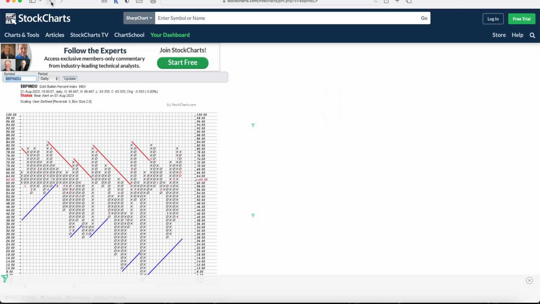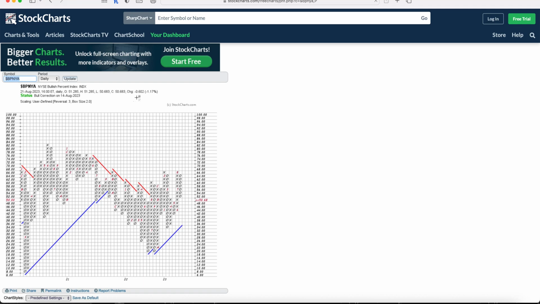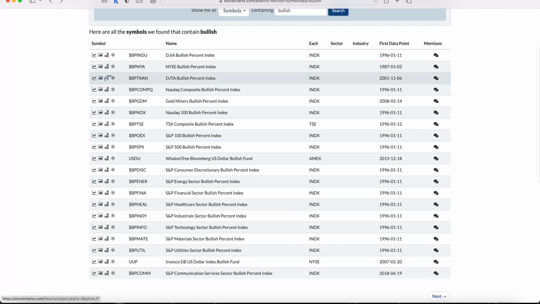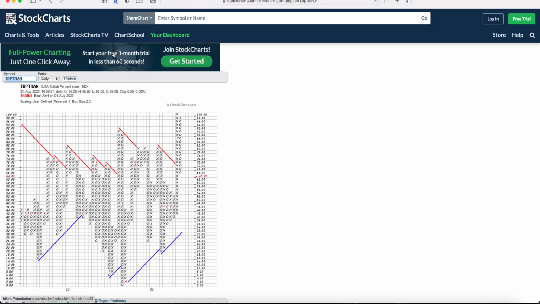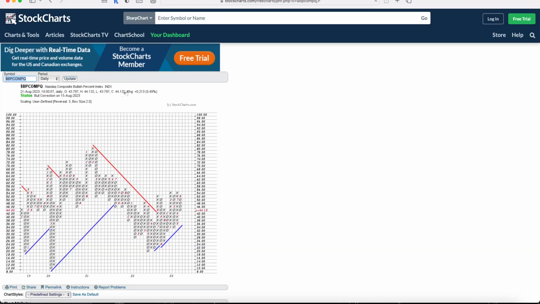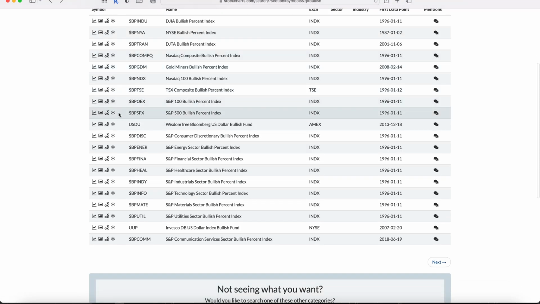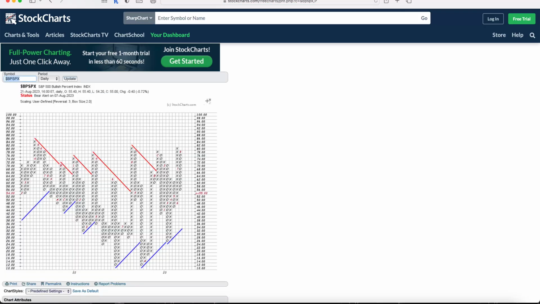The NYA minus 1.17%. The transports didn't move. The NASDAQ actually up a little bit today, 0.49%, so not much. The SPX minus 0.72%.